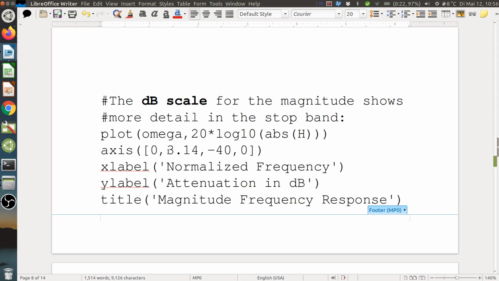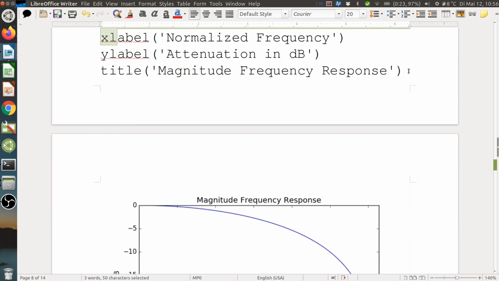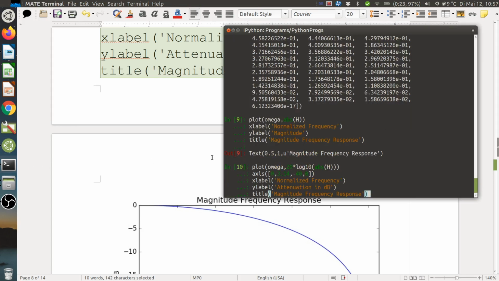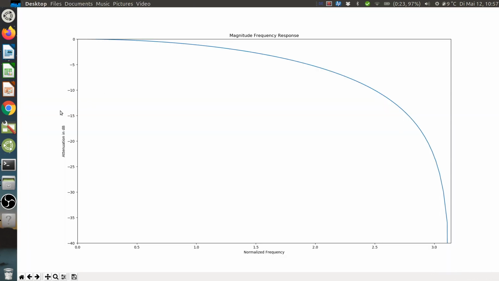And it goes from 0 to pi, the Nyquist frequency. So again, I copy and paste in my window. And now you can see it, right? Now you can see the attenuation in dB.